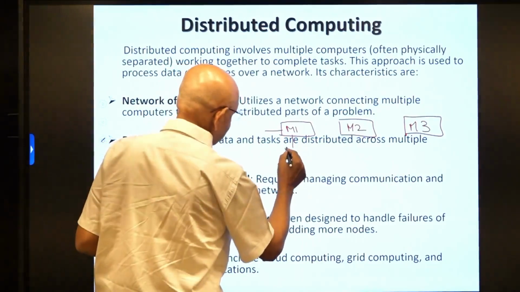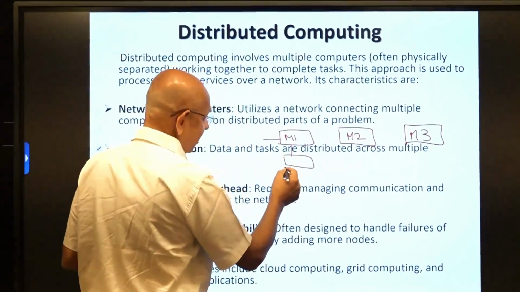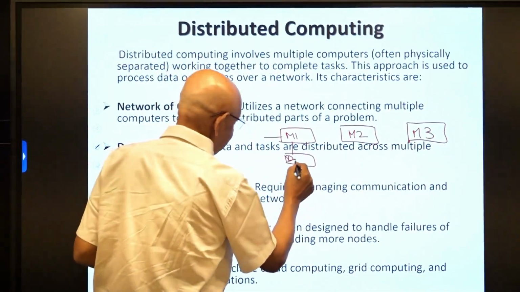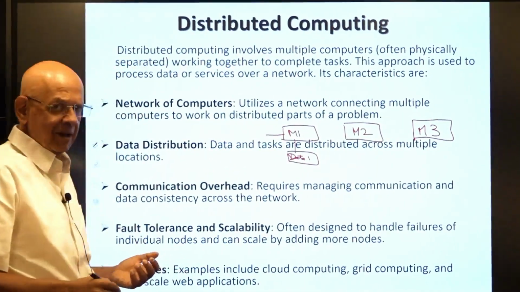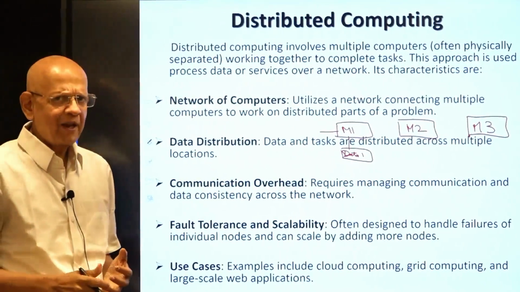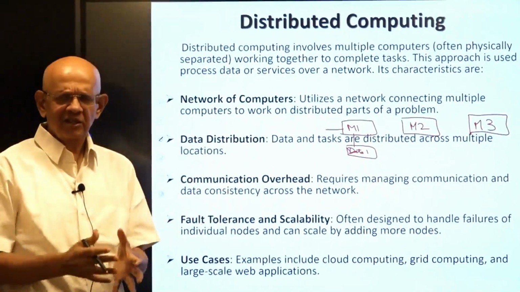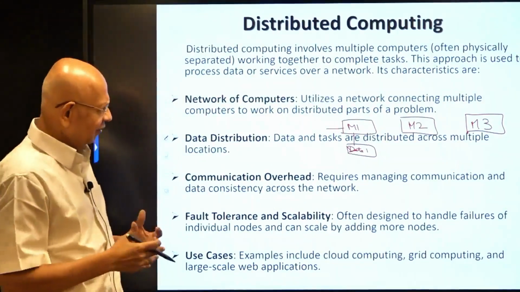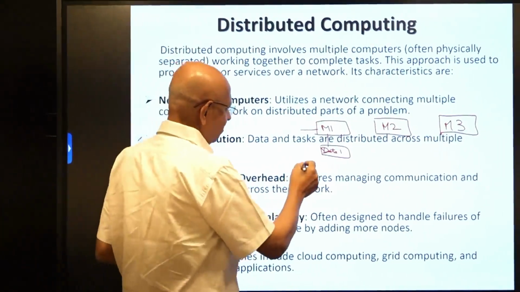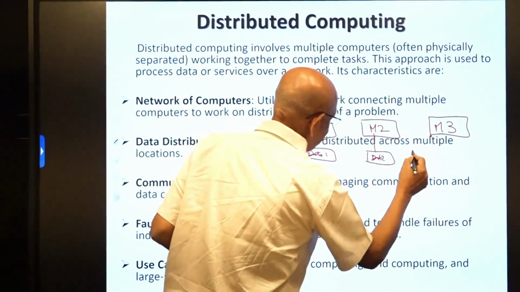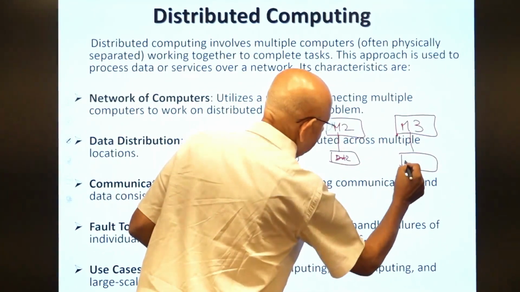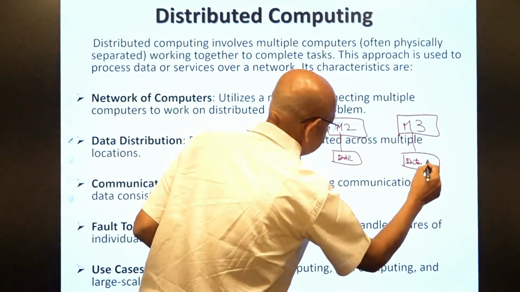Machine M1 would have its own memory, own hard disk, own data. This is what you see happening in Hadoop clusters or any of the big data clusters. The data is split across multiple machines: data 2, data 3, and so on and so forth.